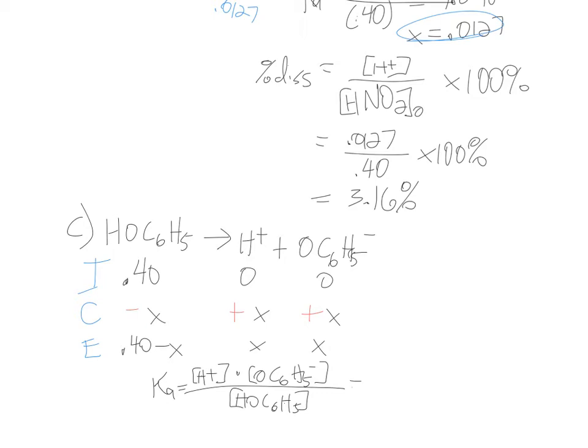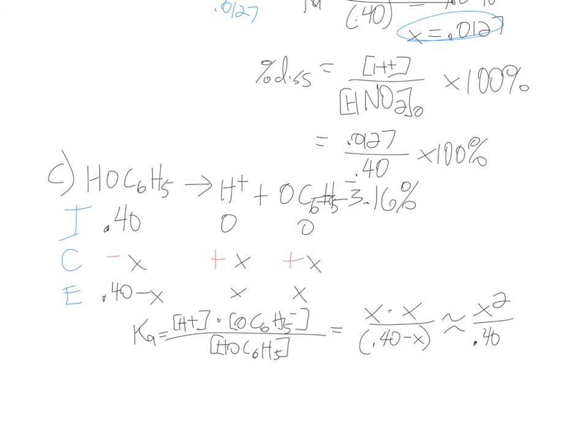We'll plug in the values that we got for X from the ice table. And we'll go ahead and make the mathematical assumption that 0.4 minus X is roughly equal to 0.4. So long as the percent dissociation works out to a number less than 5%, we're safe to do that.